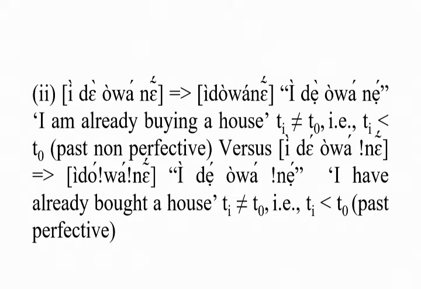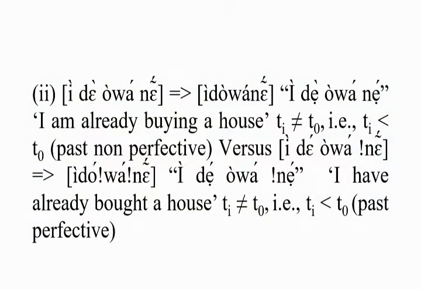Then the second example here is the past non-perfective and past perfective. So the low tone in the past non-perfective, Idowane, that is, I am already buying a house, but the action is not completed.